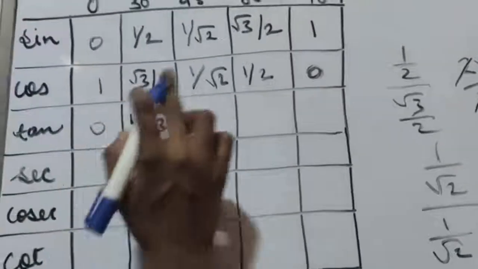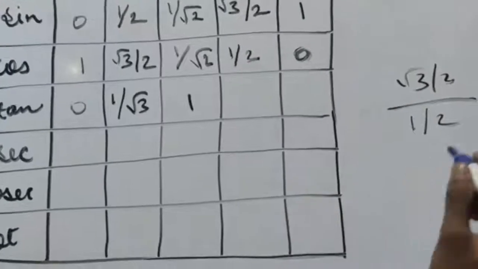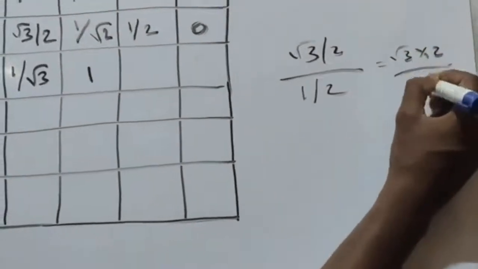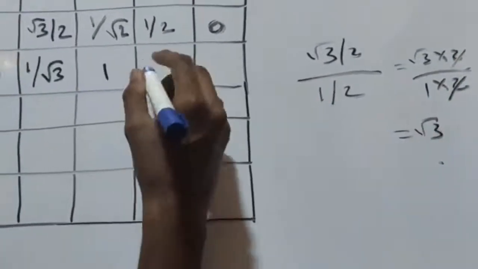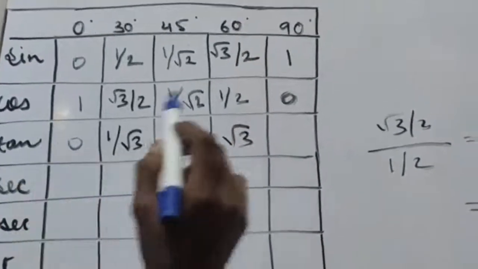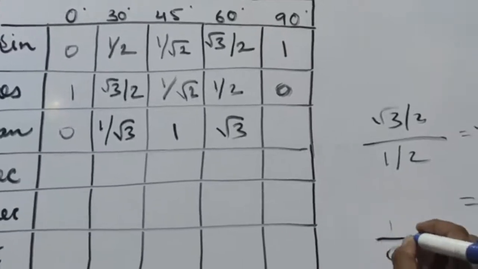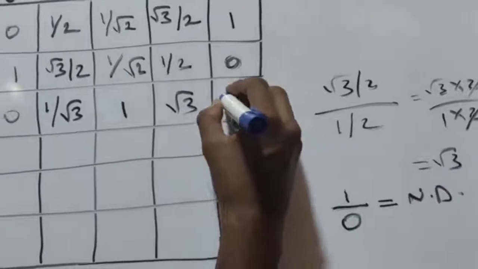Similarly for tan 60 degree it will be root 3 by 2 divided by 1 by 2. So it will be root 3 into 2 upon 1 into 2. 2 gets cancelled, what remains is root 3. Okay. And the last one is tan 90 degree, which is 1 by 0. 1 by 0 we know that this is a not defined state. Right, so not defined over here.